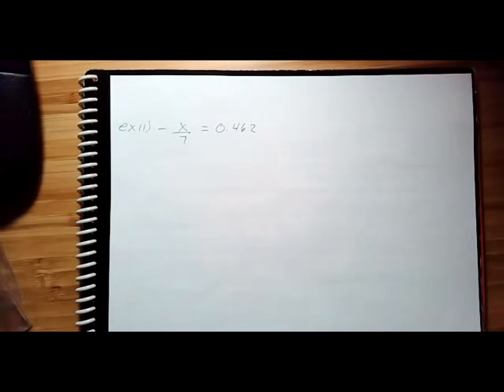Okay. So if you see an equals, we are solving, right? Obviously. So we have a 7 in the way. So how would you cancel the 7?